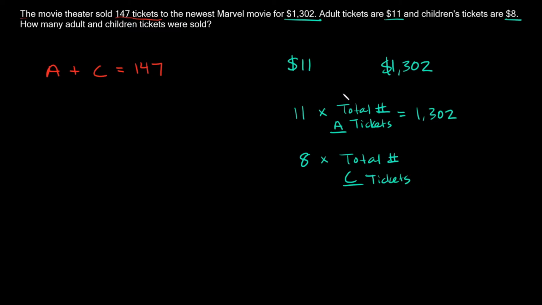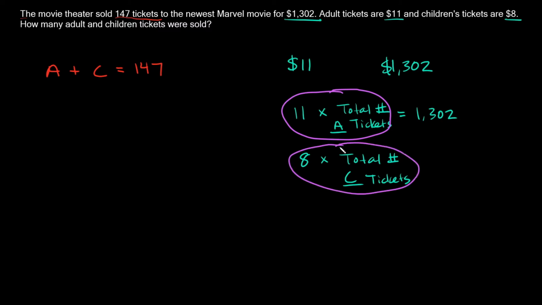Okay, so we know that a combination of adult tickets and children's tickets would give us a total of $1,302, right? So we can simplify this a little bit. We can write 11 times A, or just 11A, and then we're adding the children's tickets, 8 times C, or 8C, and that's going to be equal to 1,302.